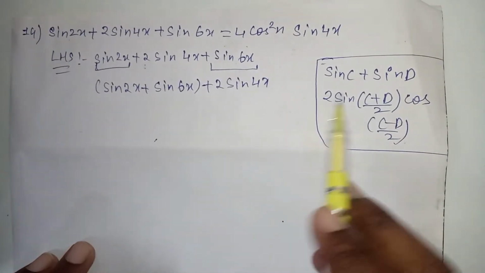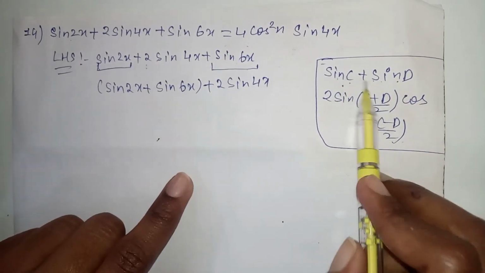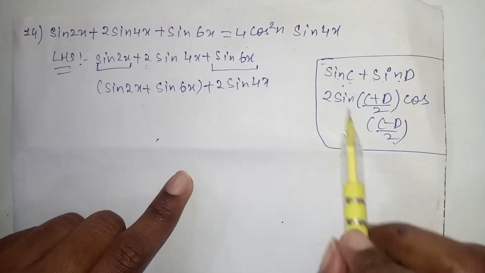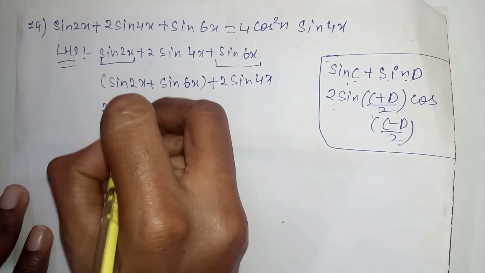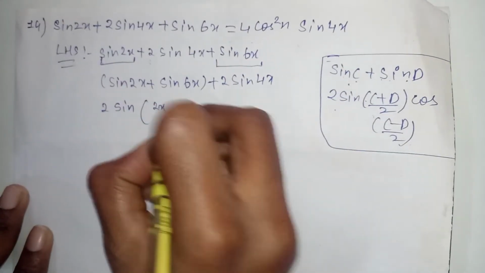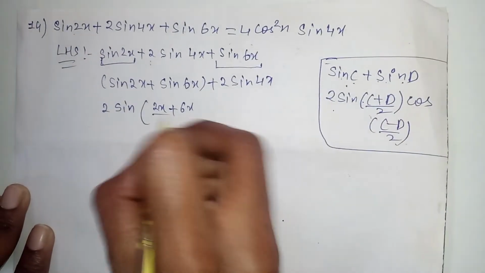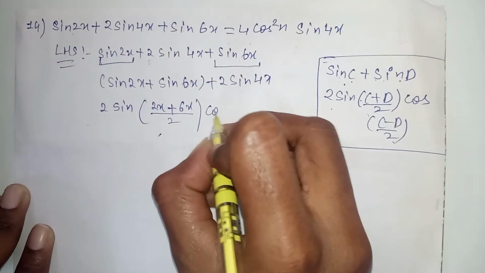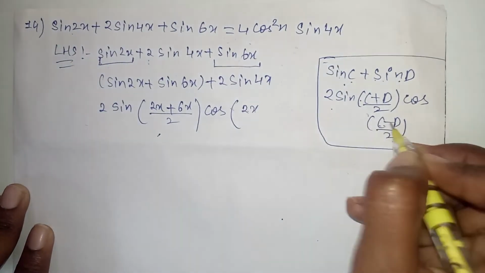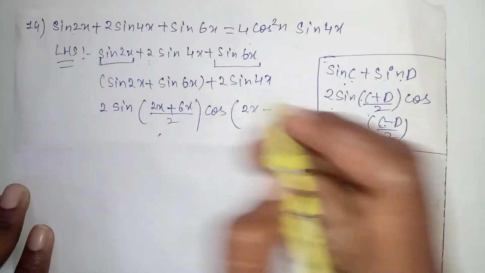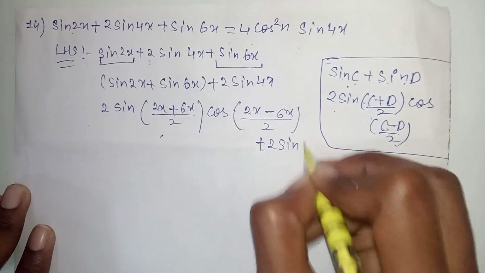So which form is it? Sin c plus sin d, because sin is there. In place of c, sin 2x, plus sin d, 6x. So you have to apply this formula, okay? 2 sin of (c plus d) by 2, that is 2x plus 6x, divided by 2, cos of (c minus d) by 2, that is 2x minus 6x, divided by 2, and as it is you write plus 2 sin 4x.